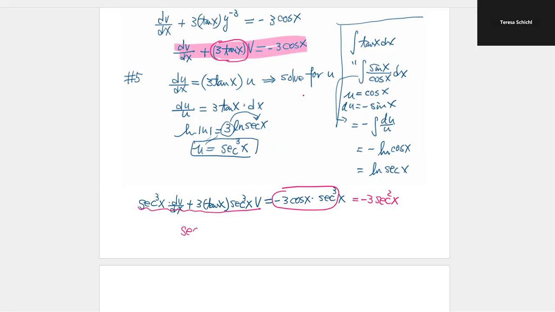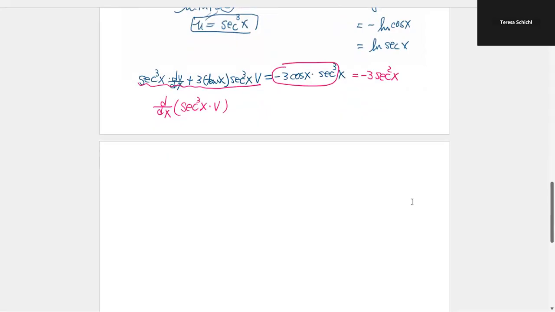Then these ones here, just like we did before, this whole term will be secant cube x times v, and you take the derivative with respect to x. I always double check to make sure I did not do anything wrong. By the product rule, hold the secant cube, dv dx, then hold the v, then take the derivative of the secant cube.